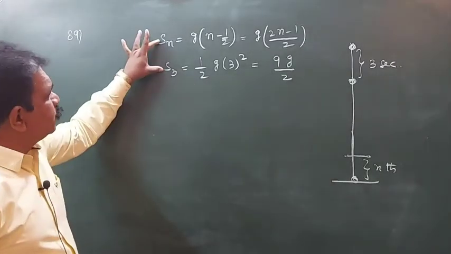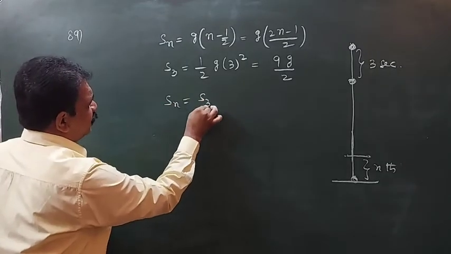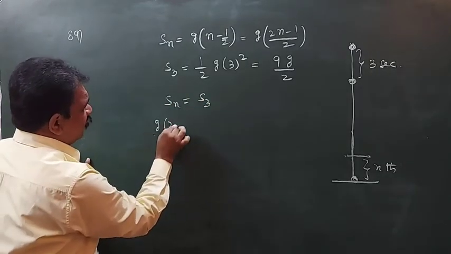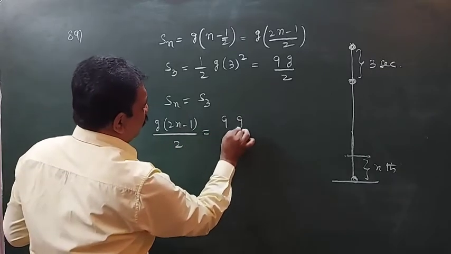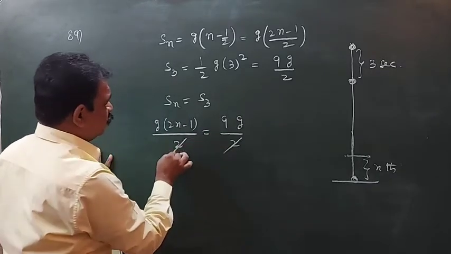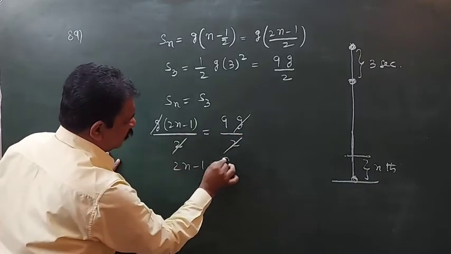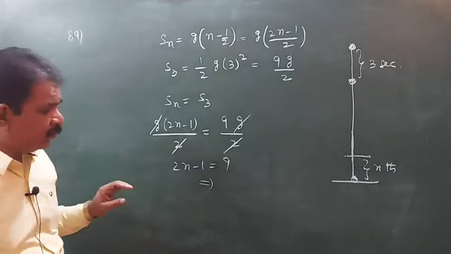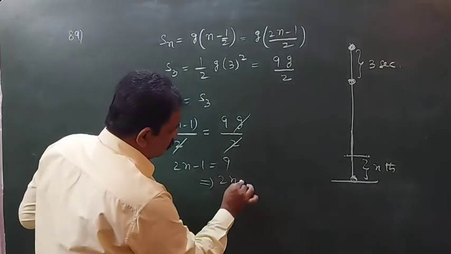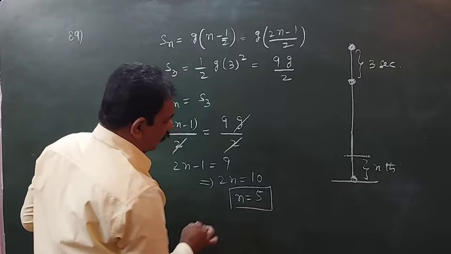They gave that these two are equal. Sn is equal to S3. So g into (2n minus 1) by 2 equals 9g by 2. The g by 2 will cancel. 2n minus 1 is equal to 9, 2n is equal to 10, n is equal to 5.